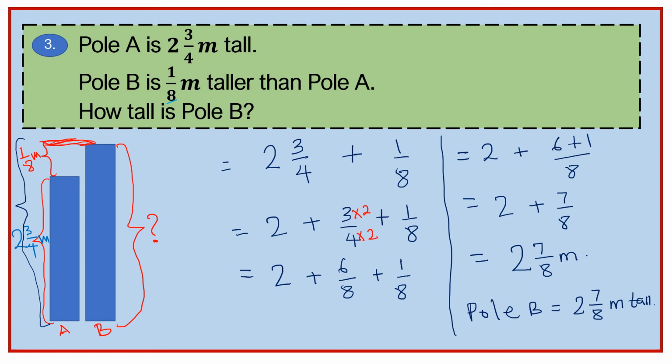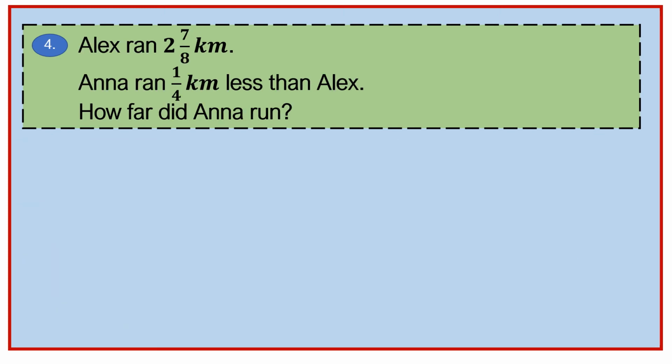Okay? So for example number 4, we can see that Alex ran 2 and 7 out of 8 kilometers. Anna ran a quarter kilometers less than Alex. How far did Anna run?